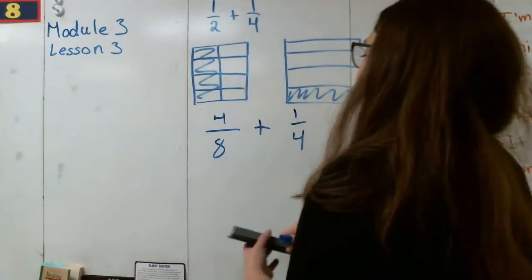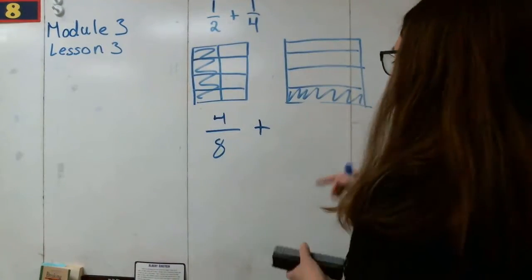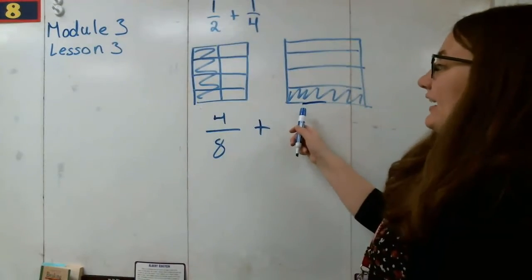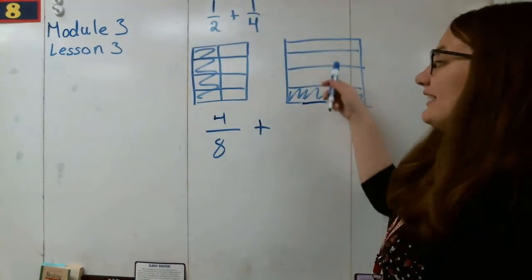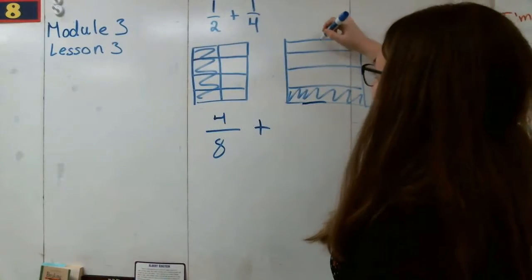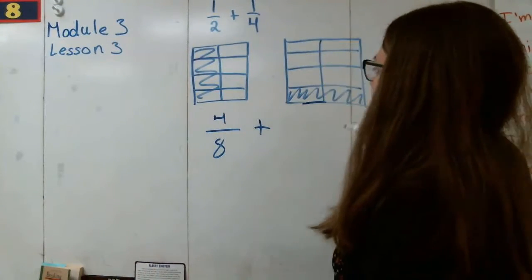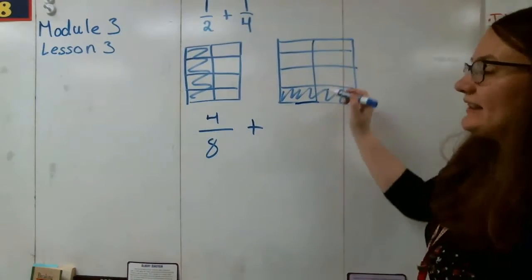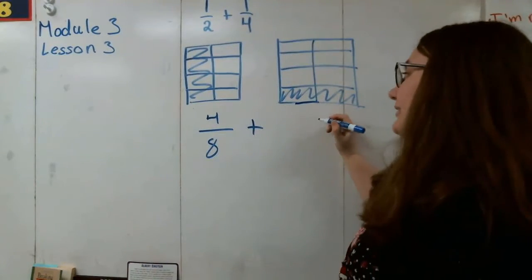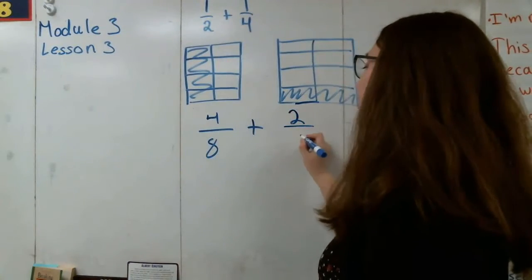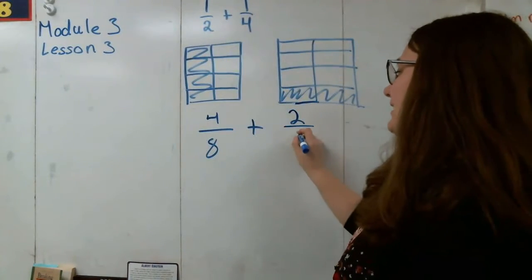So just like how I cut this model into fourths, I'm going to split this one in half, because this model was split in half. Great, I'm going to split this model in half right here, and what that leaves me with is 2 shaded in parts out of 8 total parts as well.